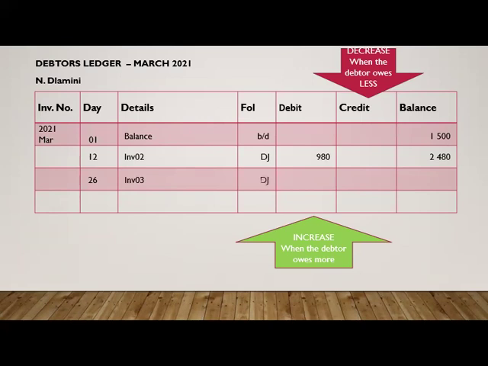DJ, debit or credit? Debit, because Endlamini is going to owe us more. But how much more? 1,250. And you're going to have, in total, his will end up owing us 3,730.